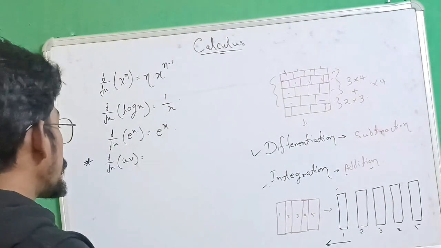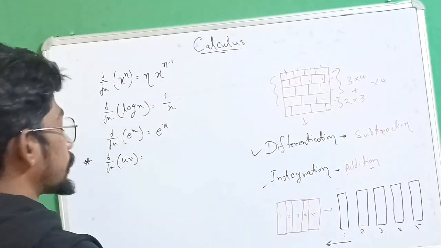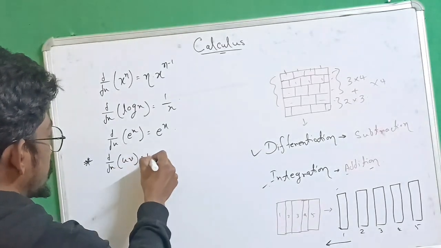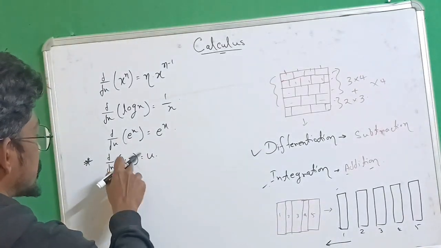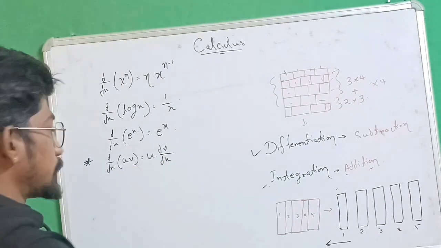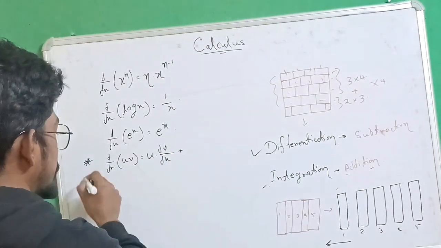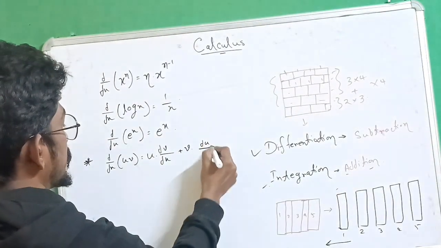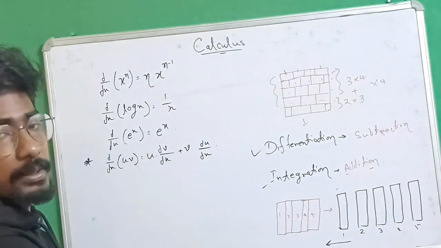What will be the formula? The formula says, first of all, take out u. Now differentiate the second number, what you will get? dv by dx. Now plus, take out the second number, v, and differentiate the first number. This is the multiplication rule.